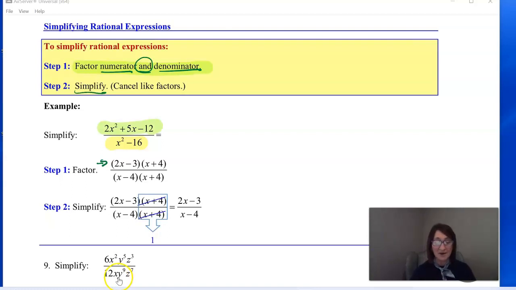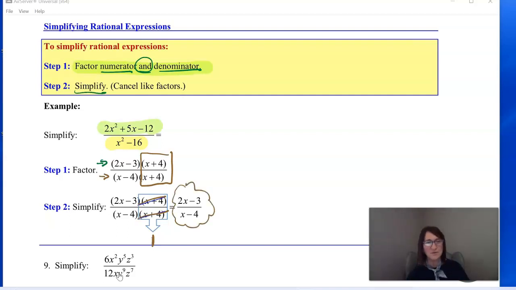The denominator is simply the difference of two squares, x minus 4, x plus 4. So you can see that those two factors are exactly the same, and so they are going to be reduced to 1. So 1 times 2x minus 3 over x minus 4 gives you 2x minus 3 over x minus 4. That's your simplified rational expression.